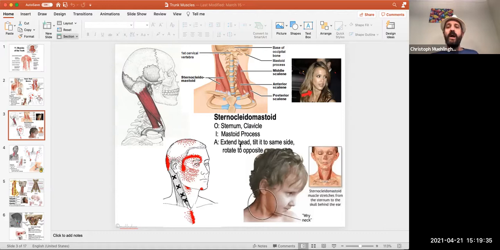And so when that muscle contracts, it tilts the head to the same side and it rotates the head. I always have to look that one up. It also extends the head, which is kind of weird. And I always think, oh my God, I made a mistake here. And I even just wrote it down. But if you think about it, the fulcrum of where the head tilts back and forth is right under here under the ear.